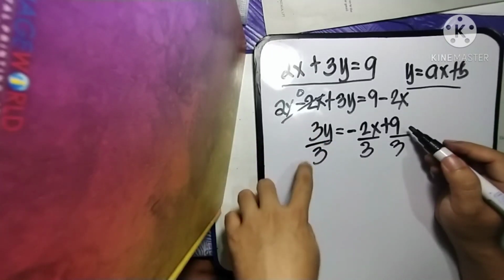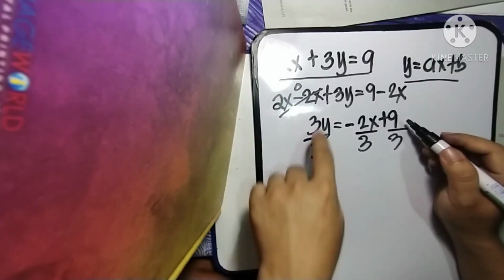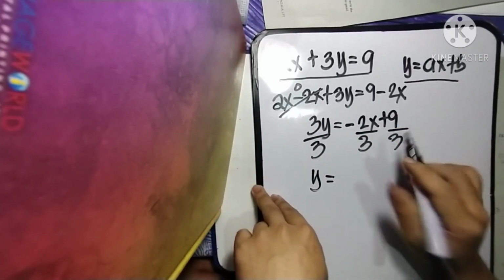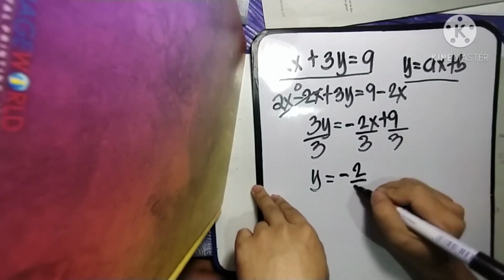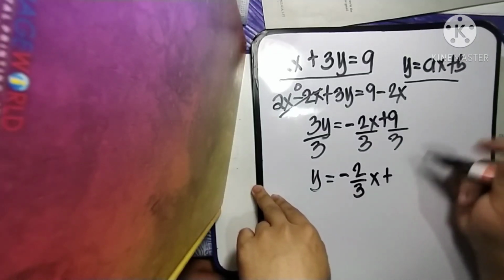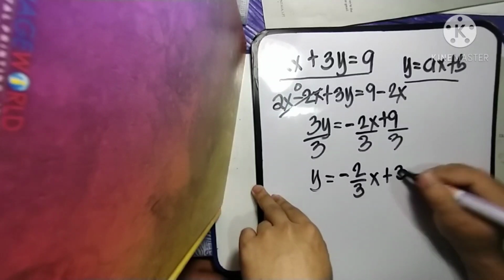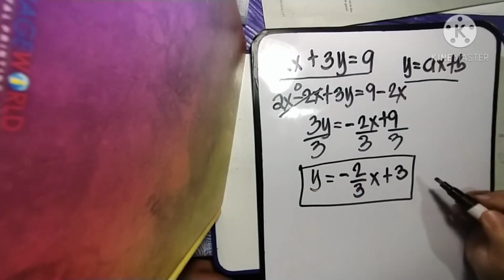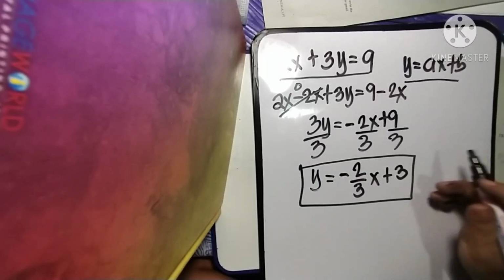Now, 3y divided by 3. 3 divided by 3 is 1 times y is y, is equal to negative 2x divided by 3 is negative 2 over 3x plus 9 divided by 3 is 3. So, this is now the slope-intercept form of the given linear equation.